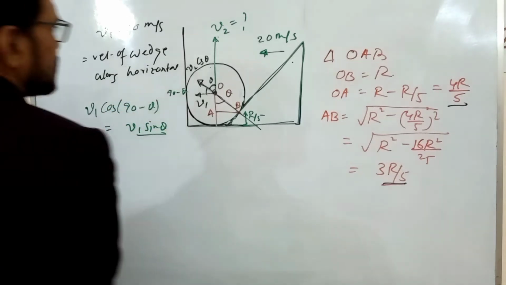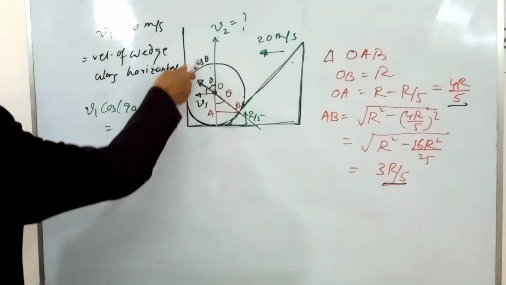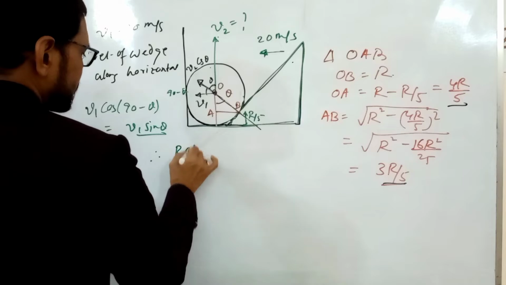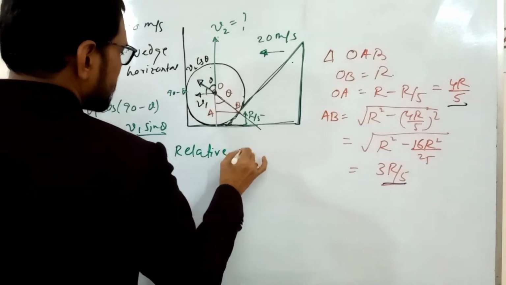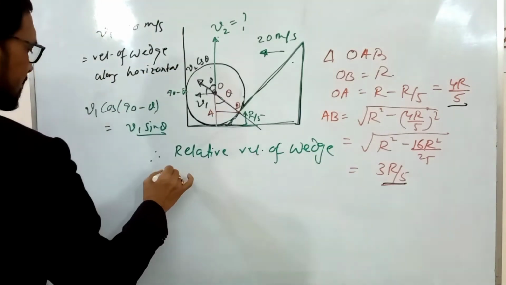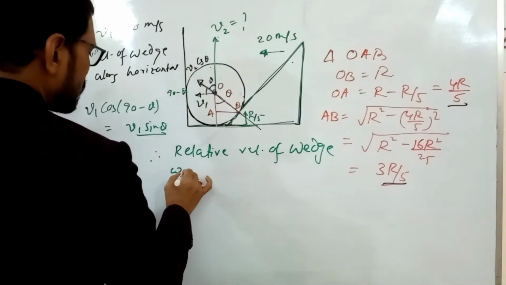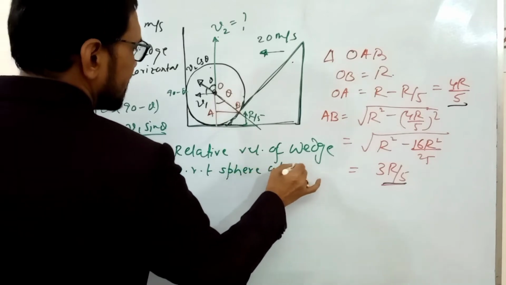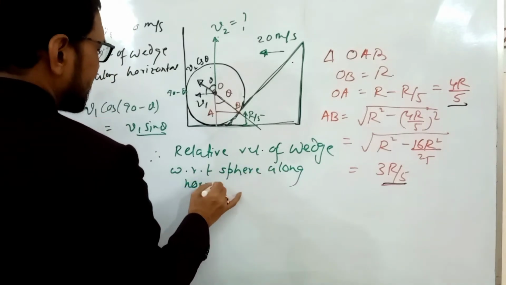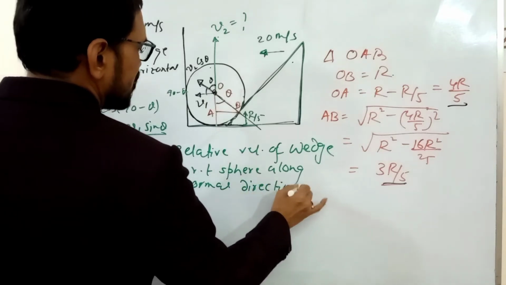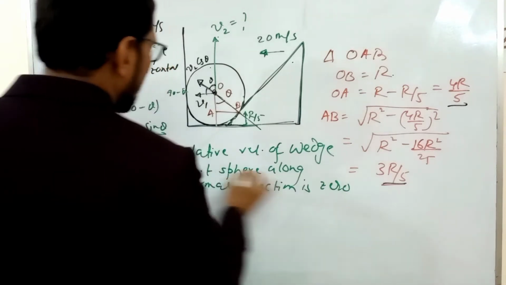So V1 sin theta will be equal to V2 cos theta. That is, the relative velocity of wedge with respect to sphere along the normal direction is 0. Why?